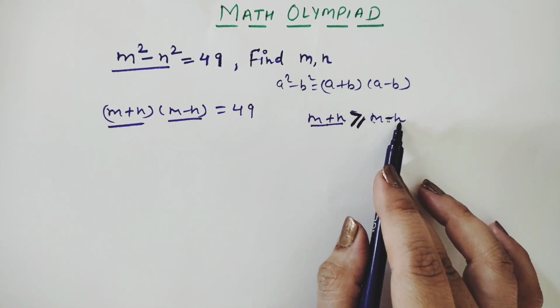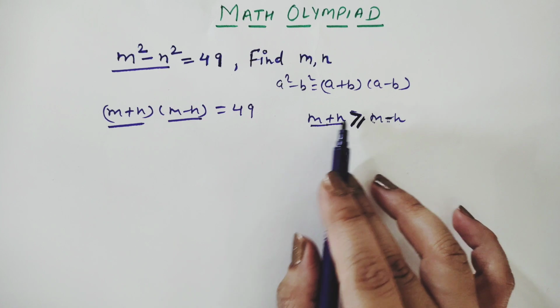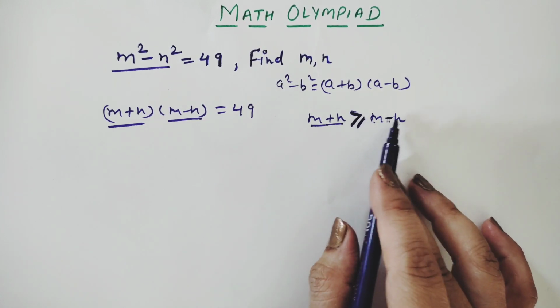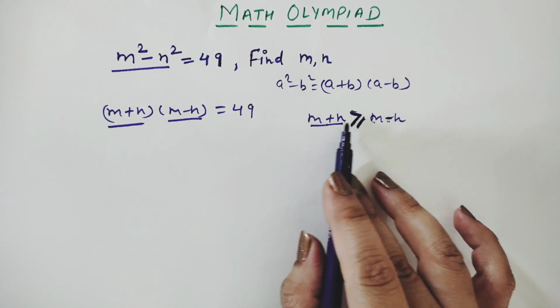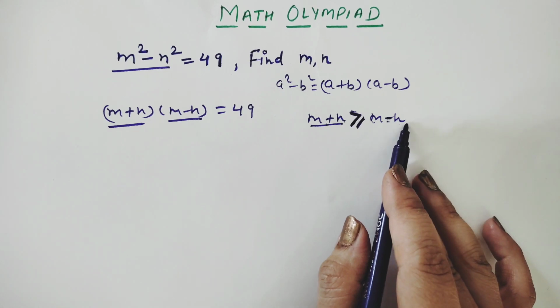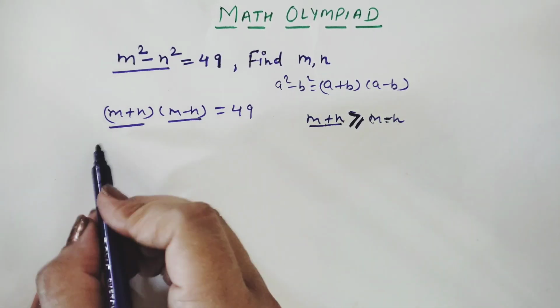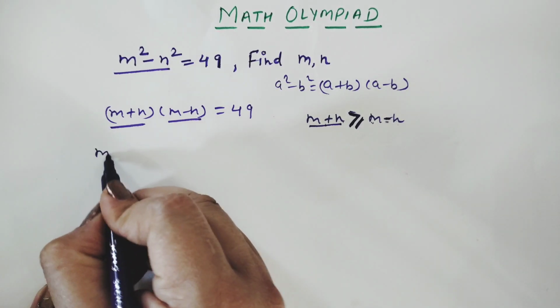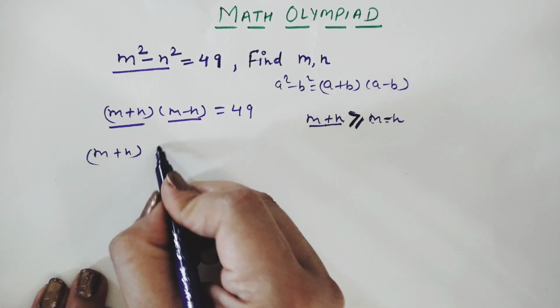M minus n is never greater than m plus n. M plus n is always greater than m minus n, or maybe equal. This is the left hand side concept, so we will write the left hand side as it is.